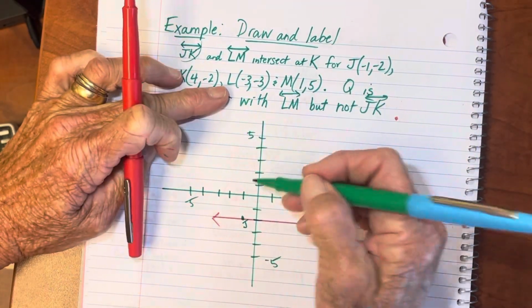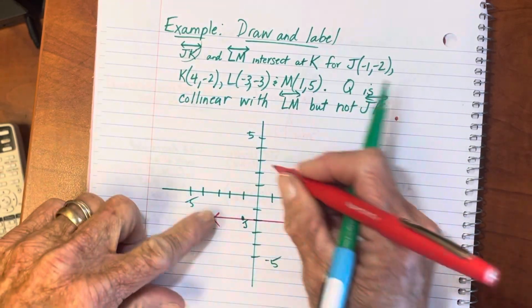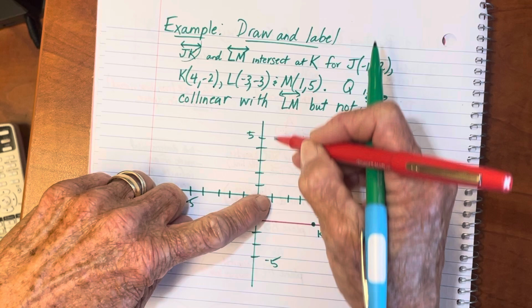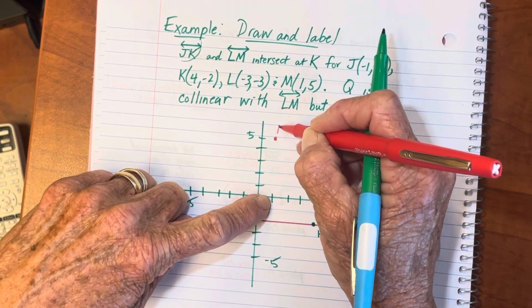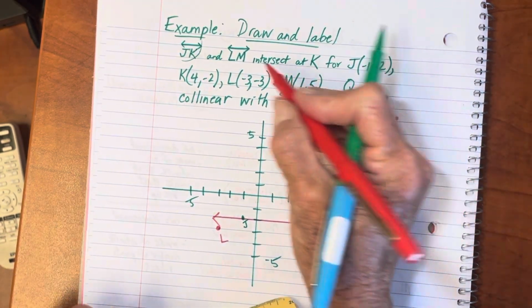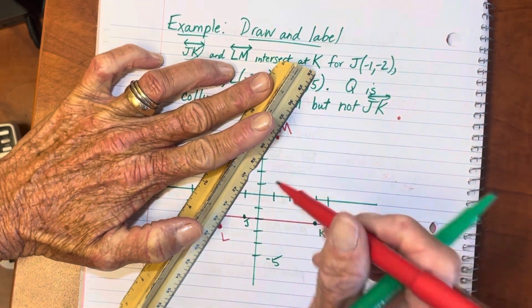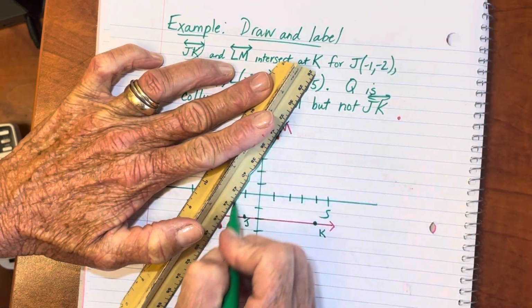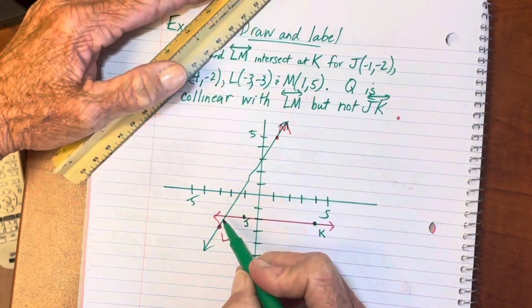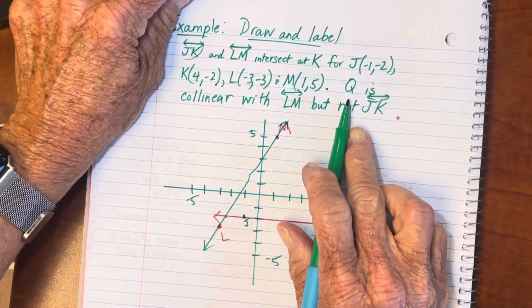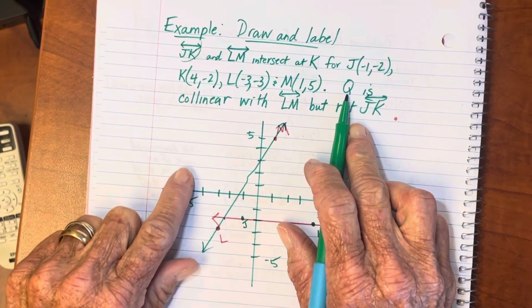I'm not going to forget to put the arrowheads on the line. We have point L, which is at -3, -3, and M, which is at 1, 5. Here's M. We have line LM. So I'll go ahead and draw that line. And they do intersect, and where they intersect is a point. But am I going to put Q there? Maybe, maybe not.